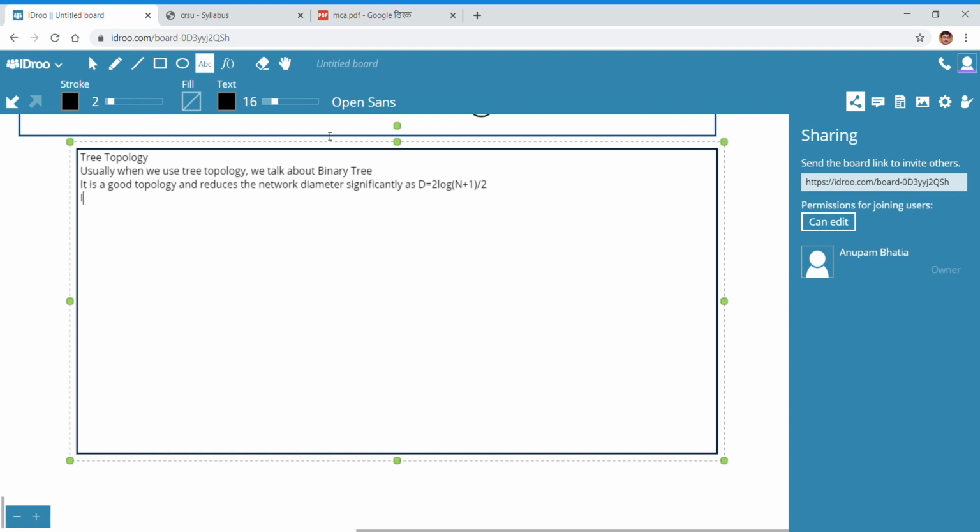Sorry, the degree is constant, 3. That constant degree 3 I will explain with the help of the diagram to you.